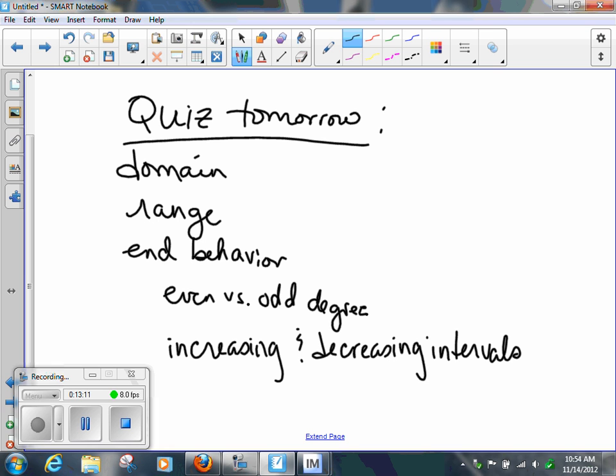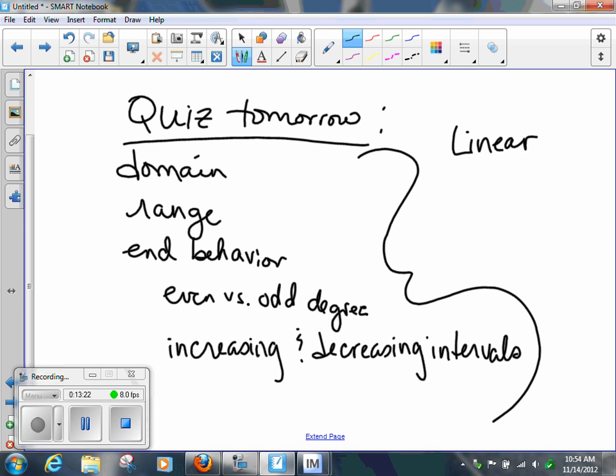Okay, you know that parent function paper? You've got to be able to find all of these things for linear equations, functions, quadratics, polynomials.